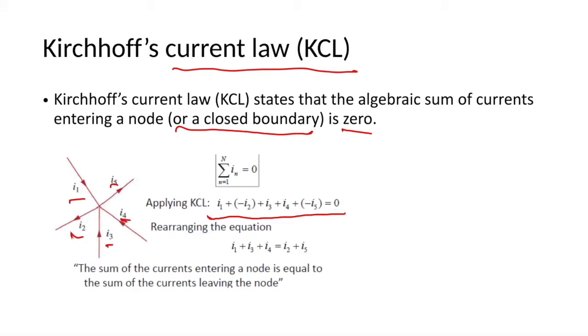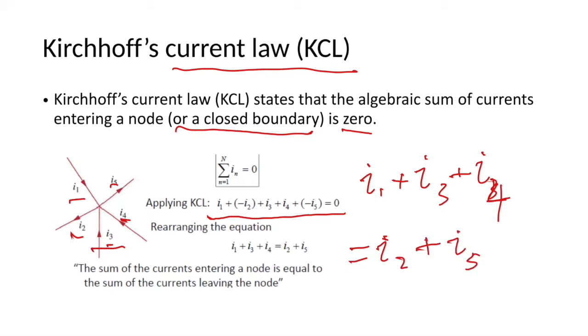First, we write down the current entering the node, that is I1, I3, and I4. That equals the current flowing out of the node, that is I2 and I5.